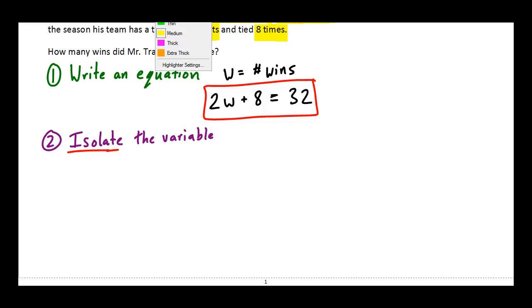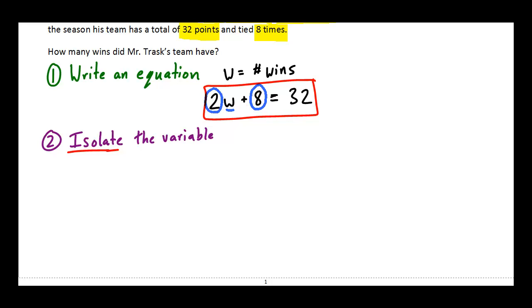If we look back at our equation, this is the variable that I'm interested in, W, and I've got 2 things here. I've got the 2 in front of the W, and then I've got this 8, which are both on the same side of the equation as the W. So if I want to isolate W, I need to come up with a way to move these 2 numbers, to get rid of them, move them over to the other side of the equation.